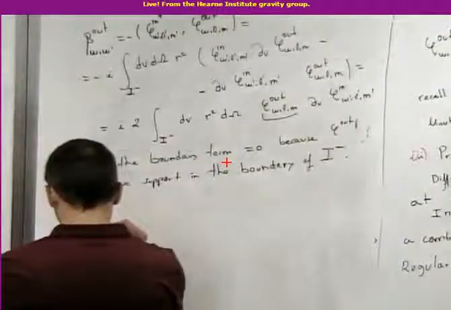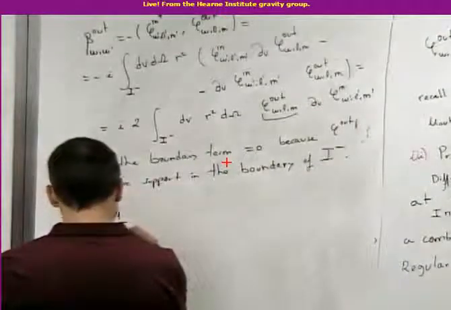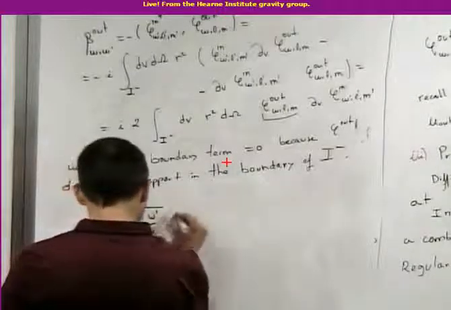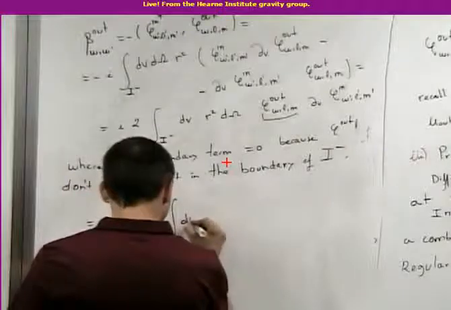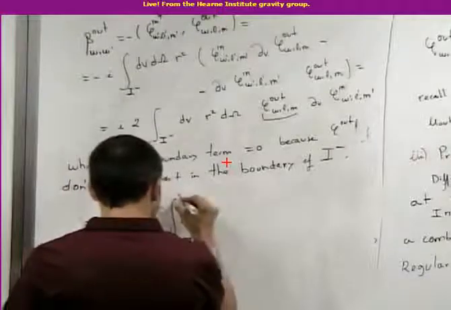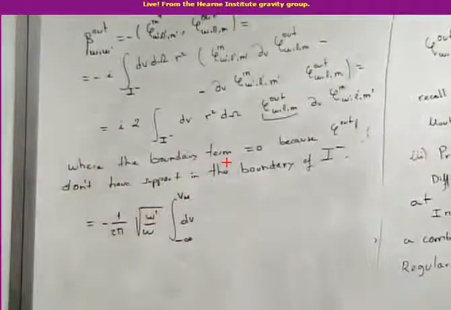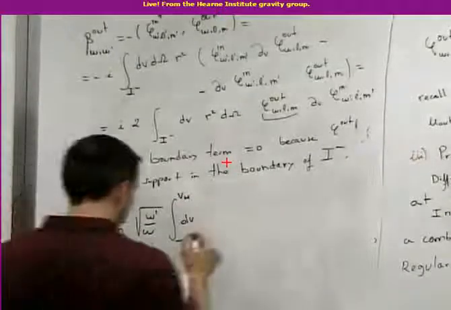And what you get is the following. An integral from minus infinity to VH, because the out modes don't have more support, they stop there, so the rest of the interval is exactly 0.